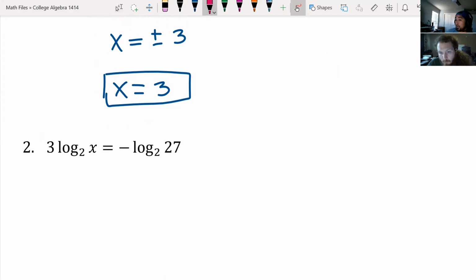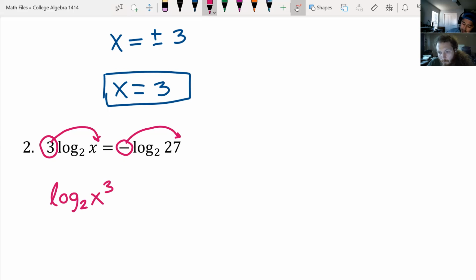So for 3 log base 2 of x, I'll take this 3 and put it back on top of the x. That negative, I'll put it on top of the 27. So you'll get log base 2 of x cubed equal to log base 2 of 27 to the negative 1.